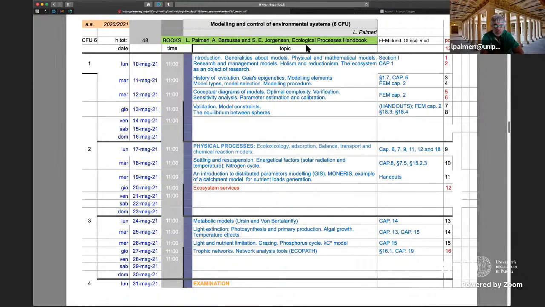And then we will go to the third week, 24th of May, into more specific models like metabolic models or models specific for describing processes such as light extinction or processes like photosynthesis, primary production, algal growth. We'll introduce models to deal with light and nutrient limitations, and we will start an introduction to trophic network modeling or network analysis.